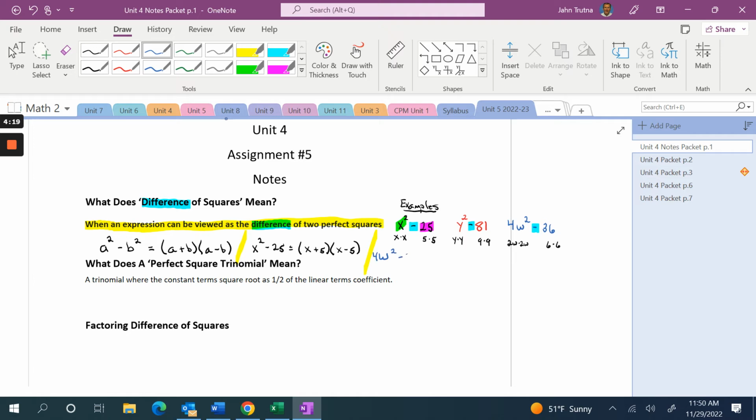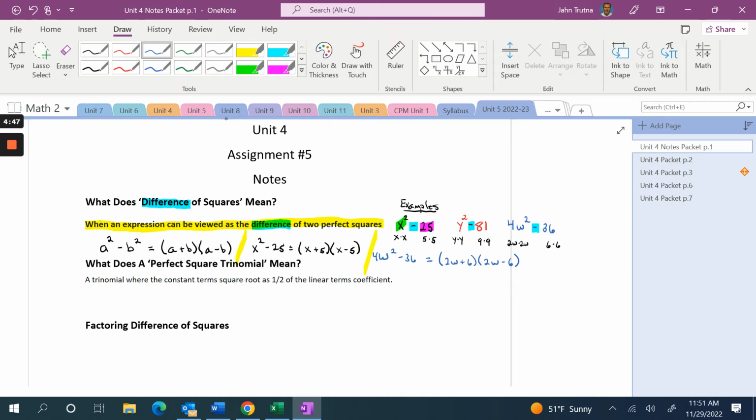That is a difference of two squares because 2w and 2w make 4w squared, and 6 times 6 makes 36. So that means this would factor into, without having to draw the area model in the diamond problem, 2w plus 6 multiplied with 2w minus 6. Okay, so that's how to factor the difference of two squares.